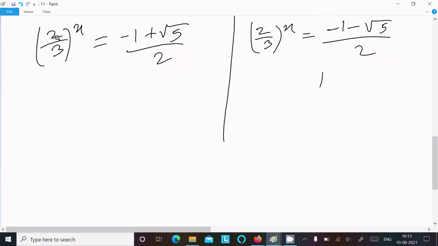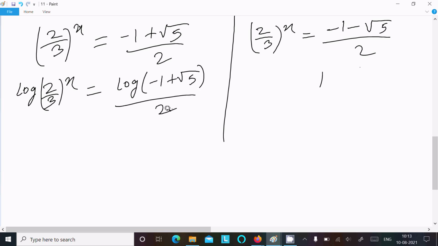To remove the power x we need to take the log. So we can write log of (2/3) power x equal to log of (minus 1 plus root 5) divided by 2.